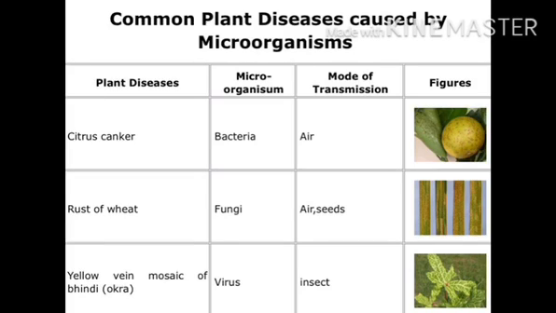These can be controlled by first sowing disease resistant varieties of seed, which means the seeds are of good quality and resist disease. Second, treating the seeds before sowing. Third, spraying pesticides including fungicide and insecticide on the plants to prevent harmful diseases caused by microorganisms or microbes.